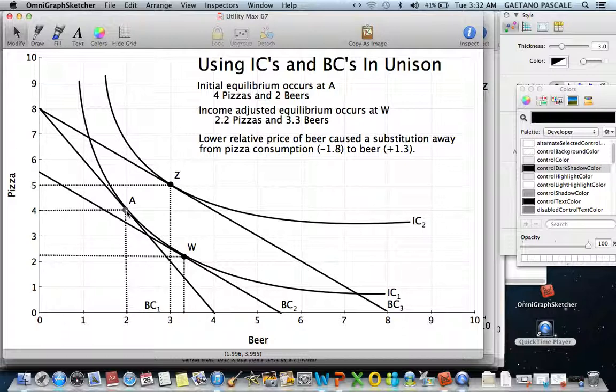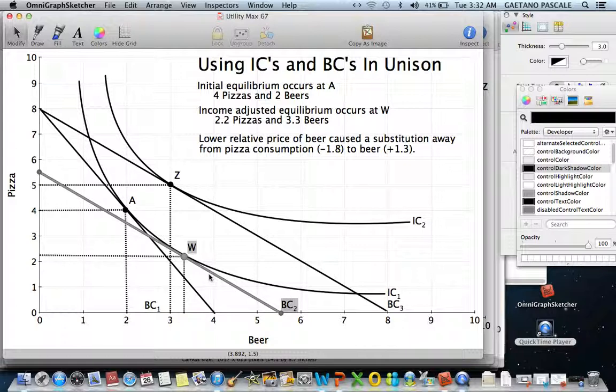After the change in the price, I went from consuming 4 pizzas and 2 beers to consuming 5 pizzas and 3 beers because of the change in the price of beer. When I shift this budget constraint inward parallel until it's just tangent to the original indifference curve, that gives me a consumption level of 2.2 pizzas and 3.3 beers.